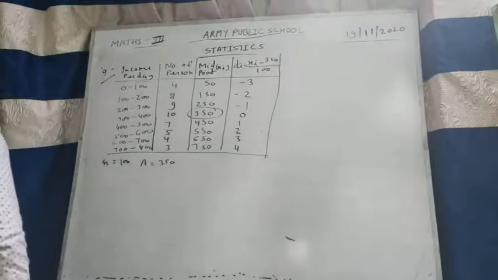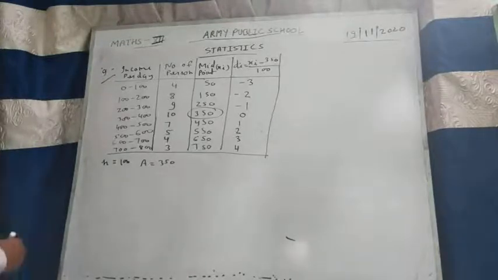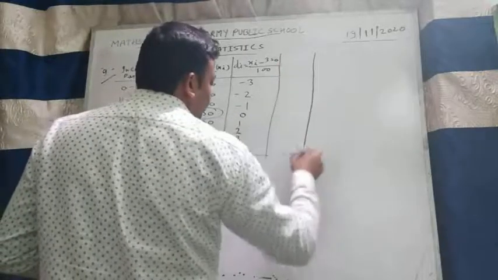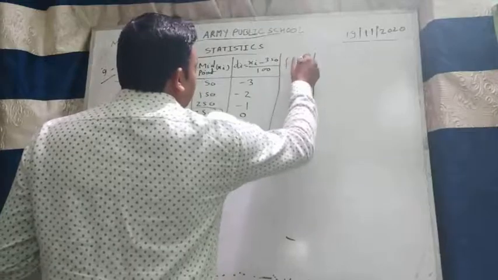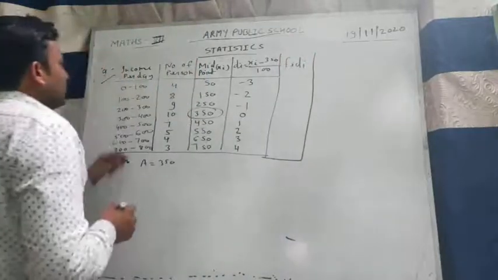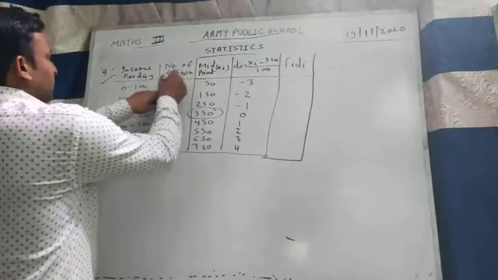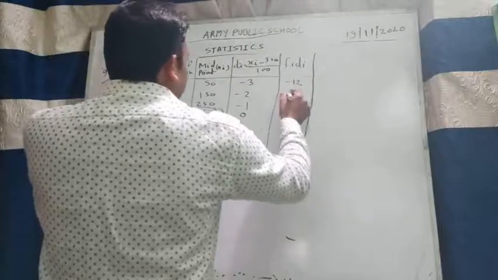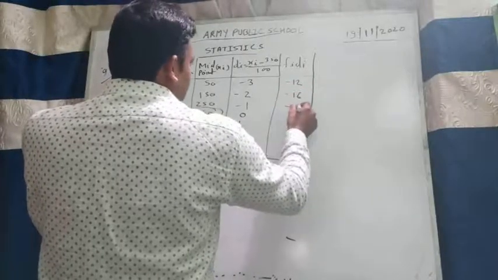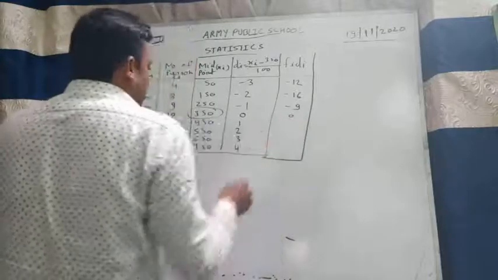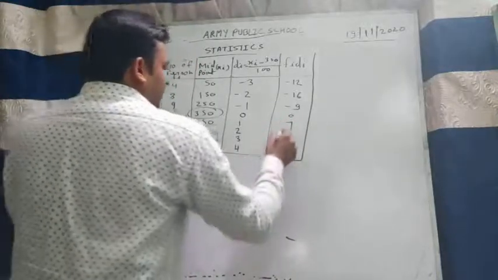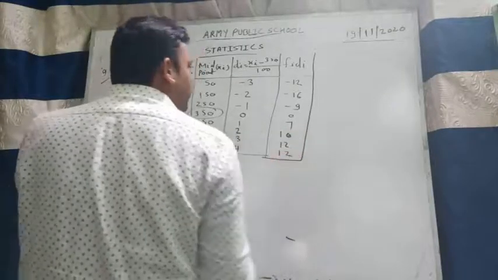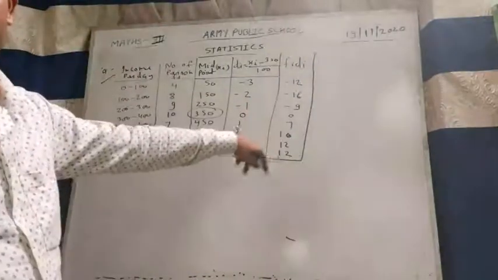Now for finding the mean, we will calculate fi di. So the next column is fi di, where fi is the frequency. Now we multiply and get minus 12, minus 16, minus 9, this is 0, and this is 7, 5 2s are 10, 4 3s are 12, 3 4s are 12 again. This is our fi di.